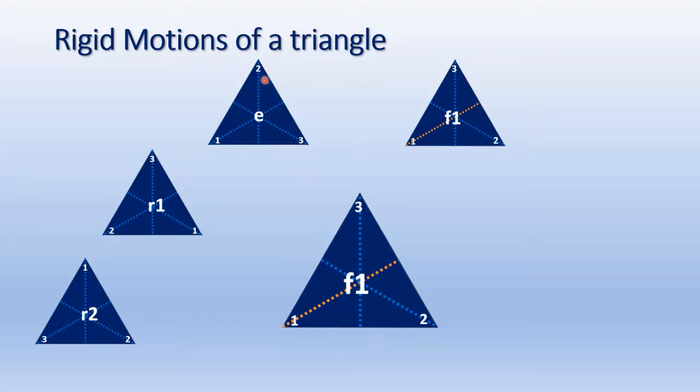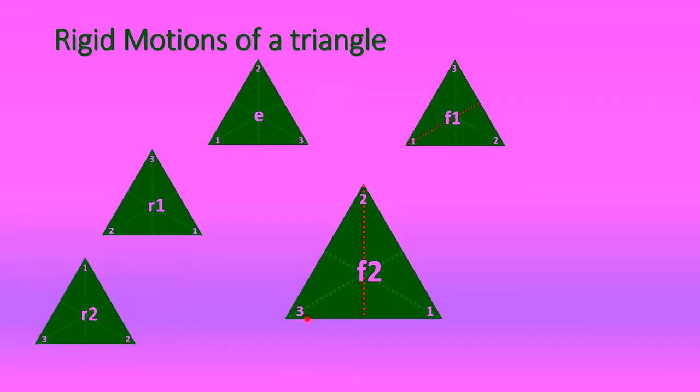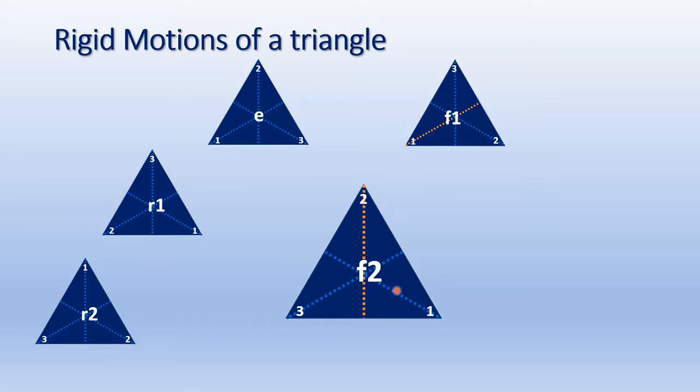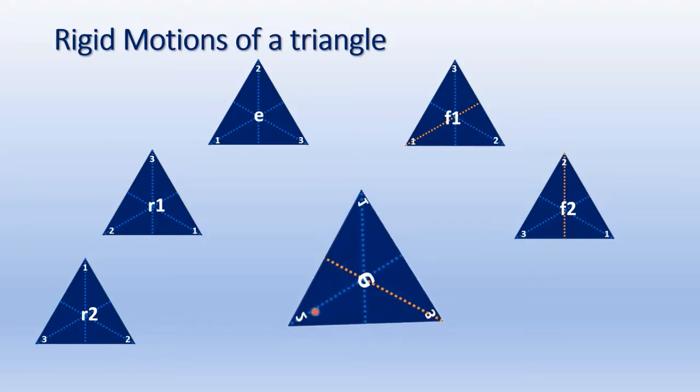Similarly, you can keep this median joining the vertex 2 with the opposite side and flip these two angles. So here the new labeling is 3, 2, 1. Similarly, the final one, fixing the line joining the vertex 3 with the midpoint of the opposite side, the vertices 1 and 2 will be interchanged like this.